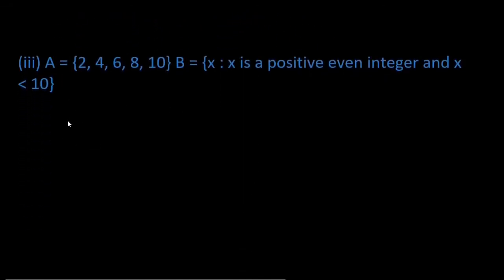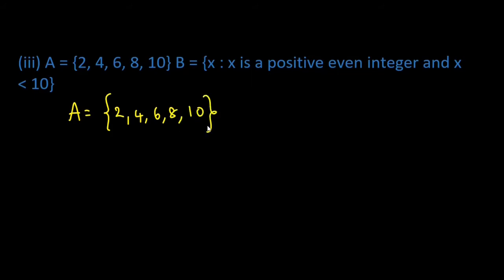So here A is equal to 2, 4, 6, 8, 10 and B is equal to, let us write the elements of B in roster form here. B is the set of all x such that x is a positive even integer and x is less than 10.